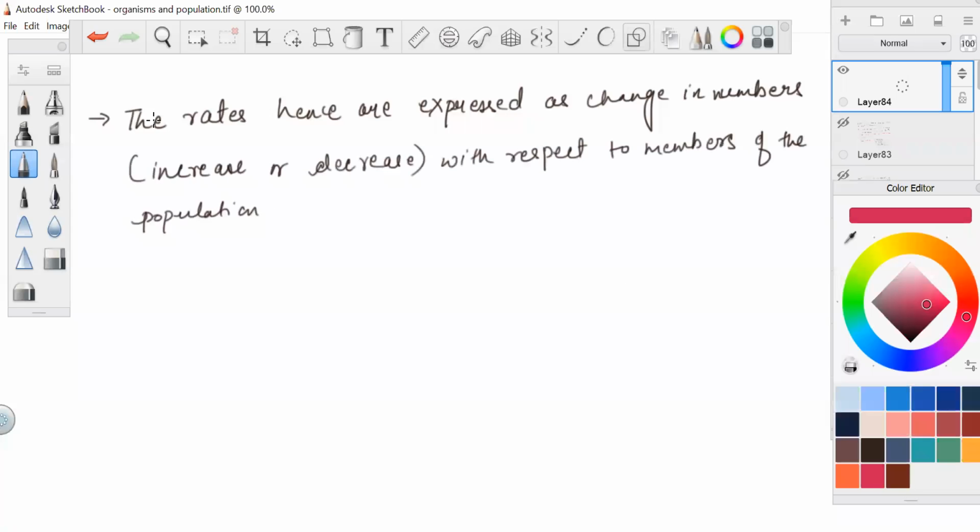Always remember rates are expressed as change in numbers with respect to the members of the population.